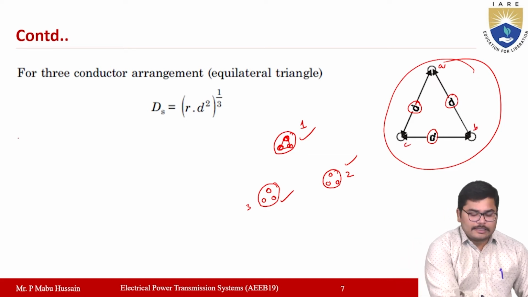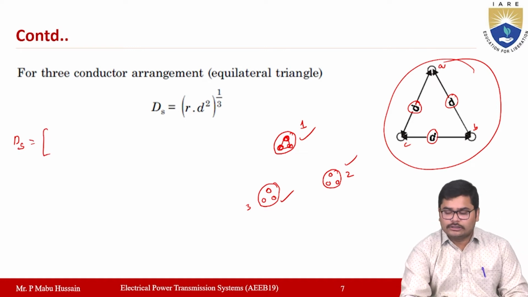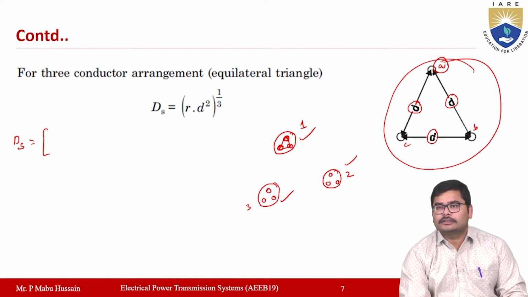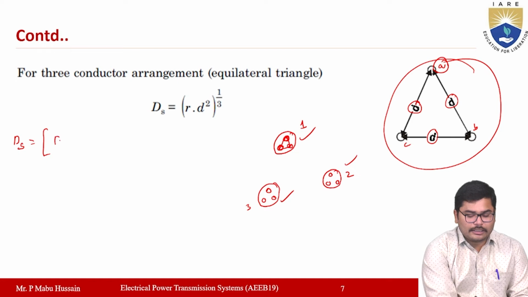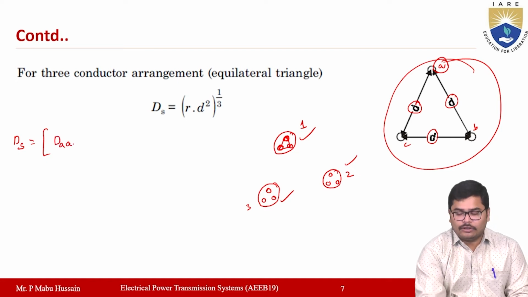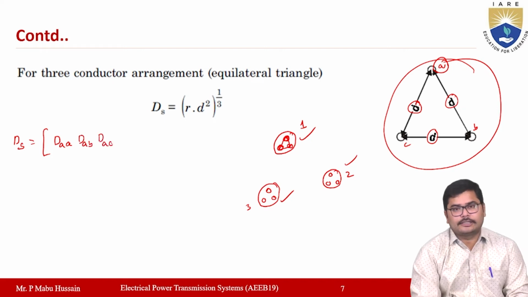Now you calculate the self GMD. Self GMD is equal to... here also you have to take all possible products. Suppose you take subconductor A here, then self distance DAA you will get. Now A to B and A to C, two distances you will get. DAB is another distance, DAC is another distance.